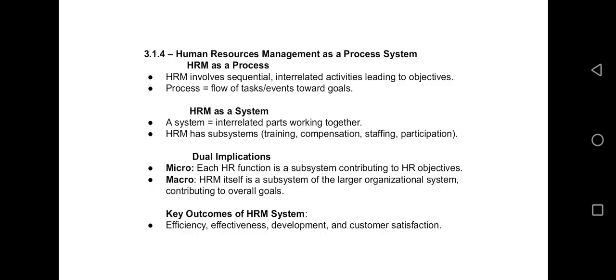Macro is referring to HRM itself as a system, as a subsystem of the larger organization system contributing to overall goals. And key outcomes of HRM system are efficiency, effectiveness, development, and customer satisfaction.